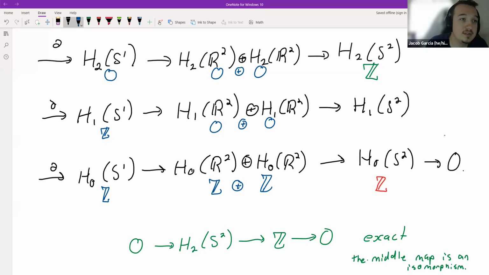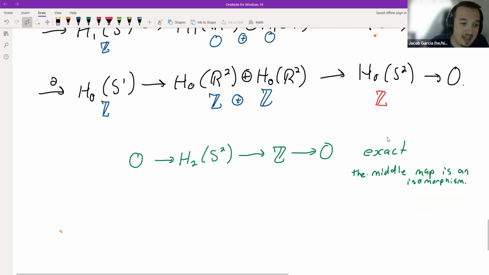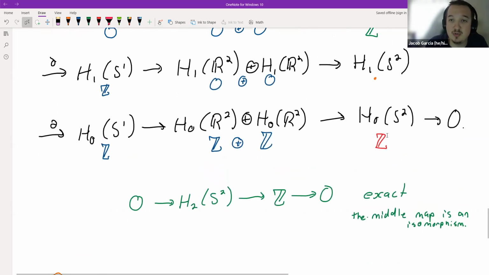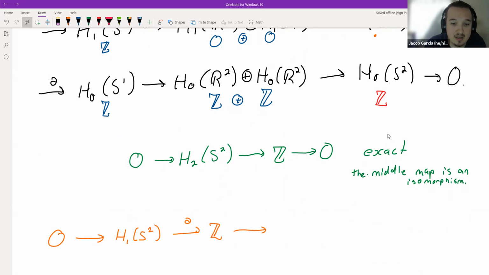Looking at colors, orange, if I look at this group, I have something slightly more complicated, but it's okay. I have 0 goes to H1 of S2, which goes via boundary map to Z, which goes to Z direct sum Z, like this.